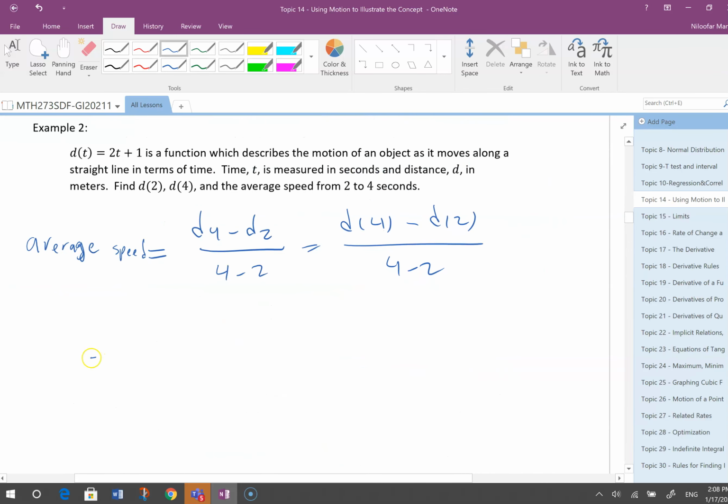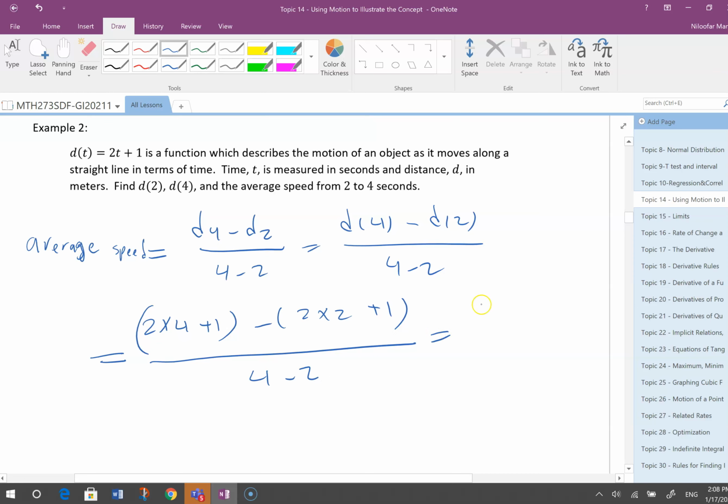Okay, so here I have to find the answer. 2 times 4 plus 1 minus 2 times 2 plus 1, divided by 4 minus 2, which is 9 minus 5 over 2, which is 4 over 2, which is 2 meters per second. Why? Because I know the unit is meter.